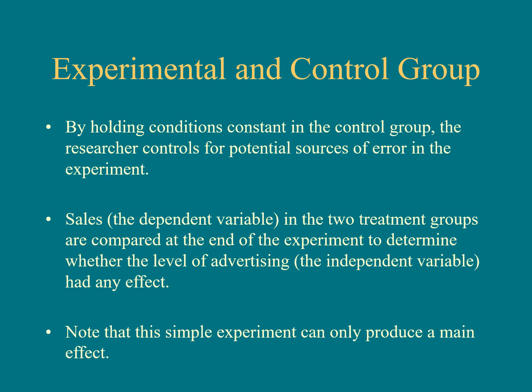By holding conditions constant in the control group, the researcher controls for potential sources of error in the experiment. Sales, the dependent variable in the two treatment groups, are compared at the end of the experiment to determine whether the level of advertising, the independent variable, had any effect. Note that this simple experiment can only produce a main effect.